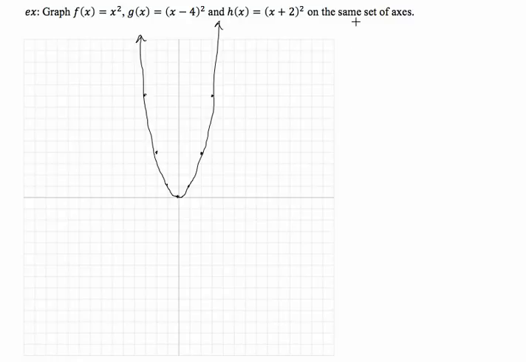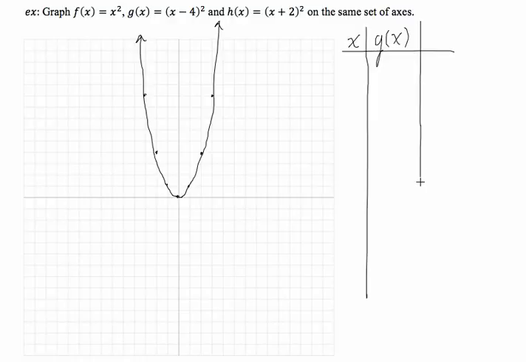So this t-chart will be a little bit more important for these. So we're going to plot g of x and h of x by using t-charts. Alright, this time instead of starting at 0 and going out, I'm just going to start at a negative number and then go from left to right. I think that will simplify the process a little bit.